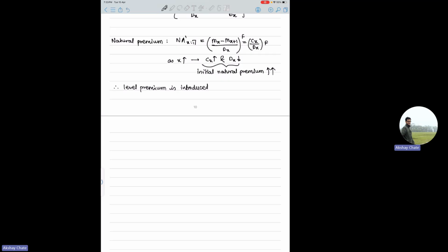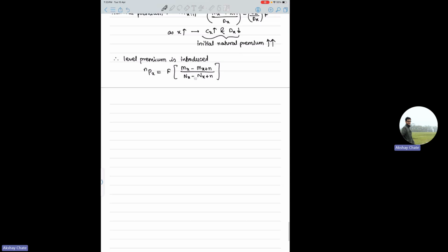So that is given as nPx equal to F into Mx minus Mx+n. So the numerator remains the same. Denominator is also more or less the same. And here you need to consider this n as the parameter, like how many years you are purchasing the policy for.